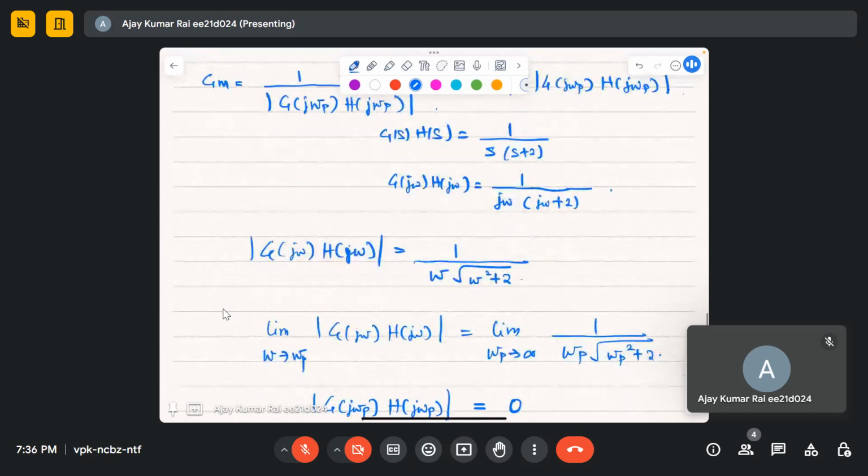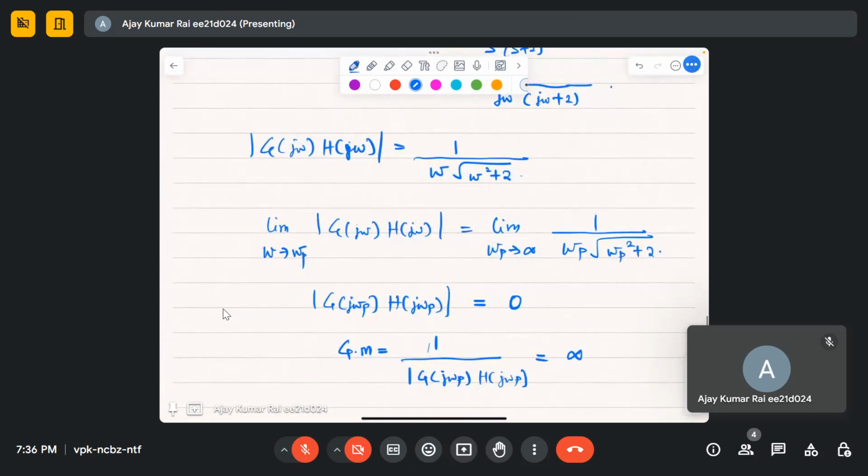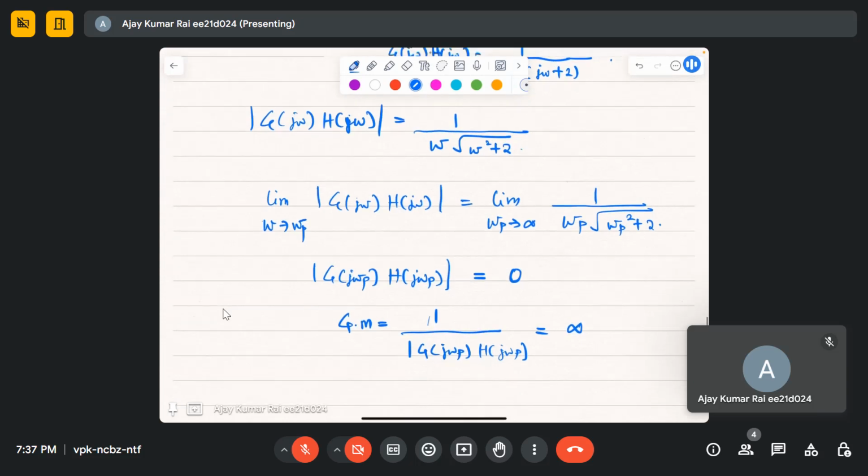So we have calculated the magnitude, and if you put omega equal to omega p, then we are calculating the magnitude at omega p. Okay, so you can put the limit, right? Because omega p is tending to infinity, your magnitude will be 0. Okay, so gain margin is 1 by the magnitude, it's a reciprocal of the magnitude.